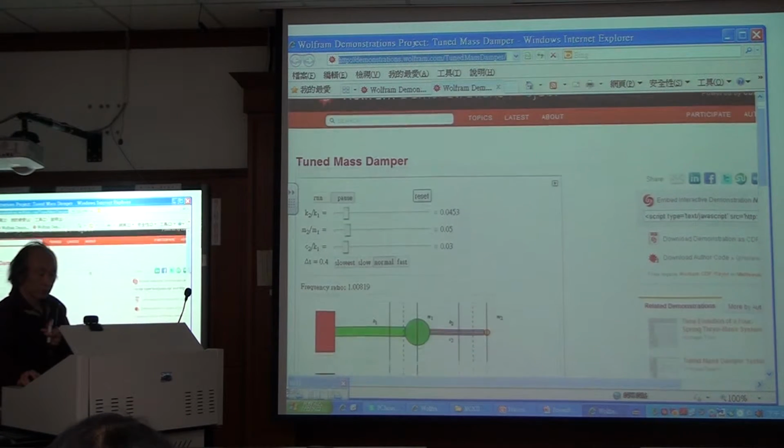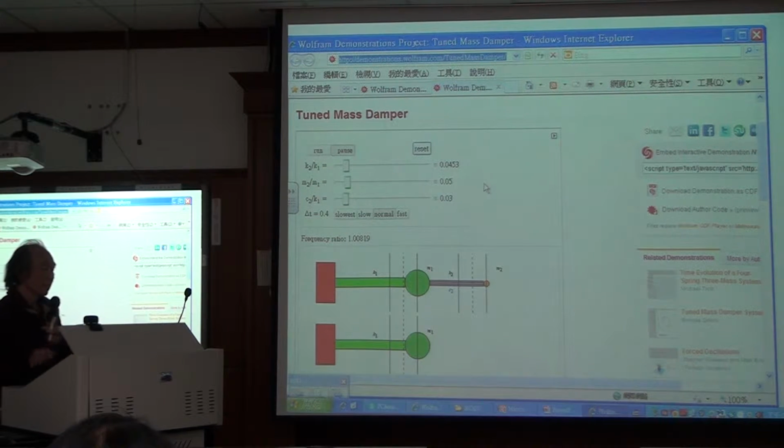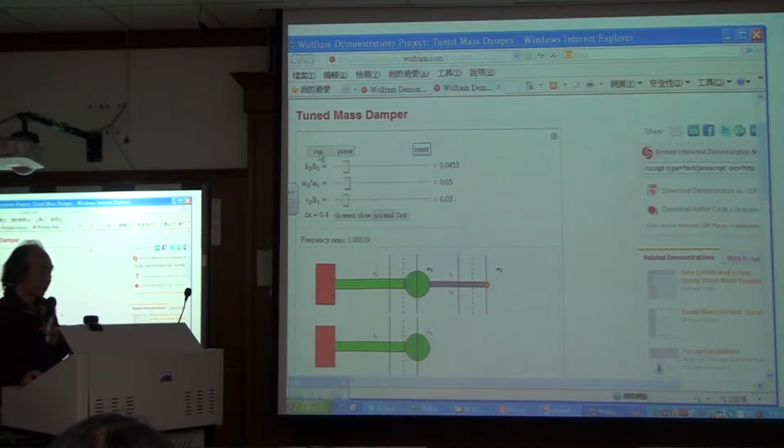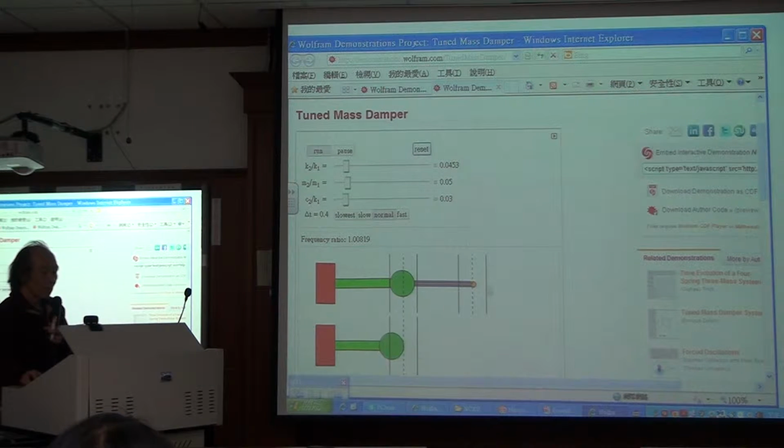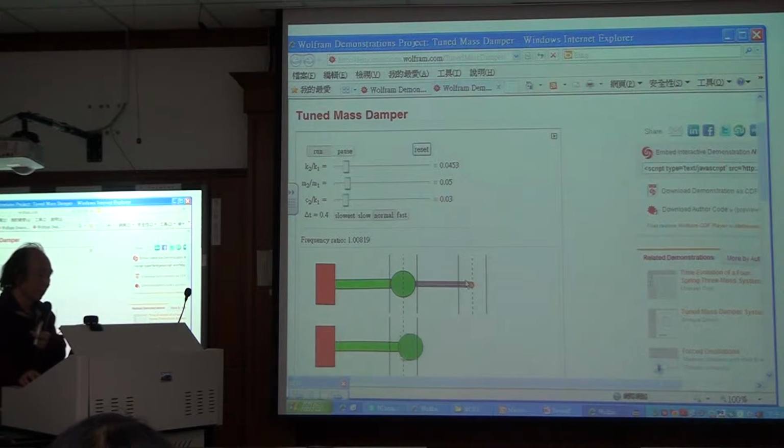If you look carefully here, let it run. The long one, that's a spring without TMD. The upper one is the same system but with the TMD.